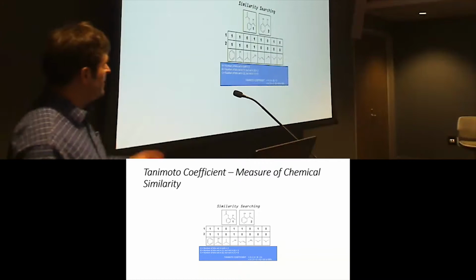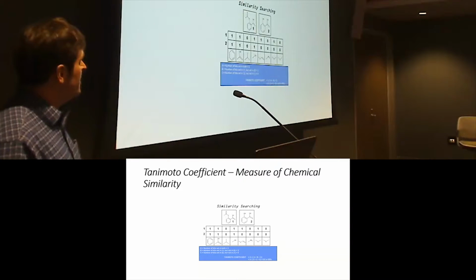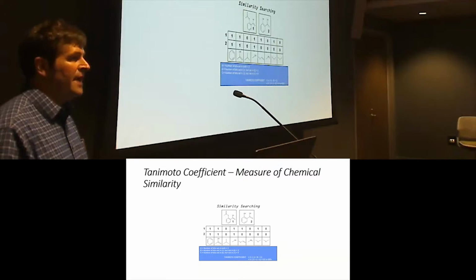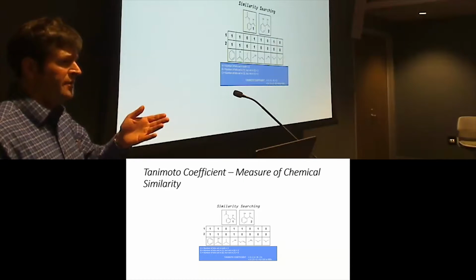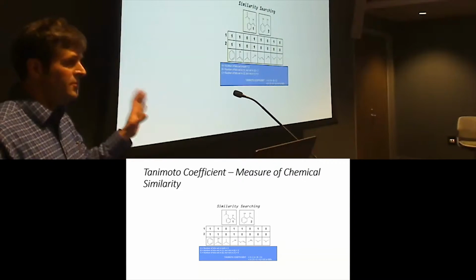And in terms of measuring similarity, we use what's called the Tanimoto coefficient. I don't know if people are familiar with that. It's essentially what's also called the Jaccard distance. It's looking at the intersection of two vectors relative to the union of them.